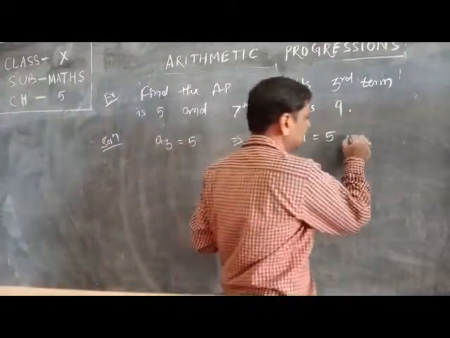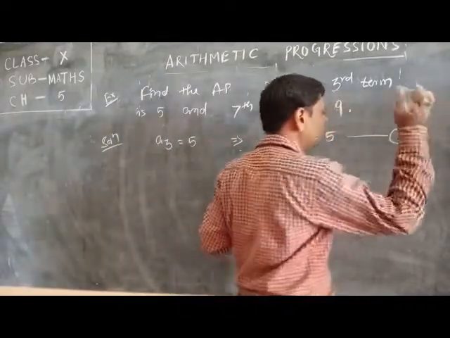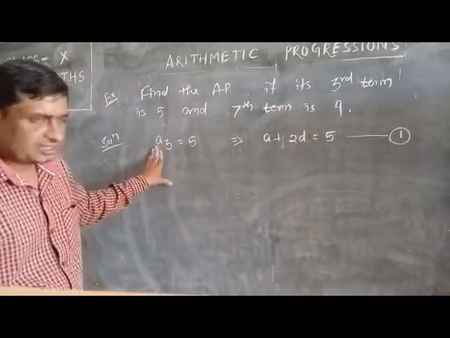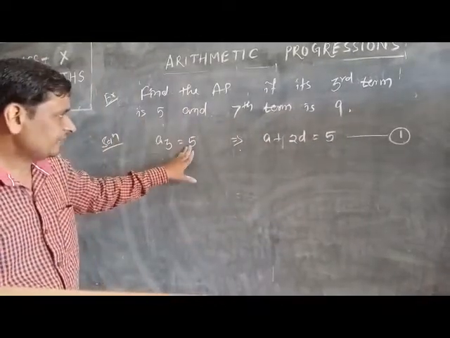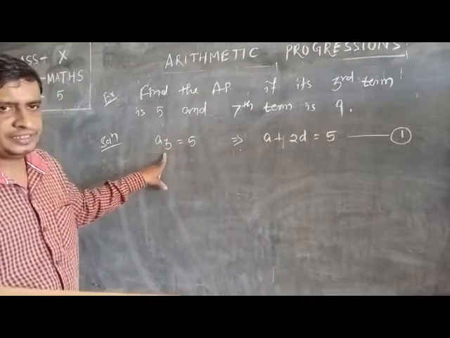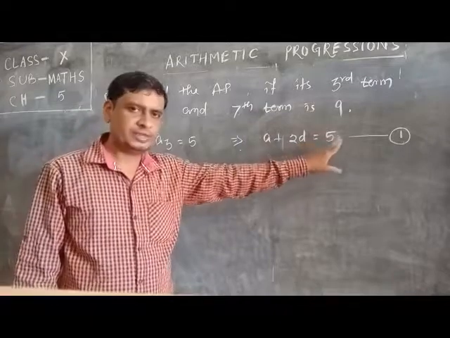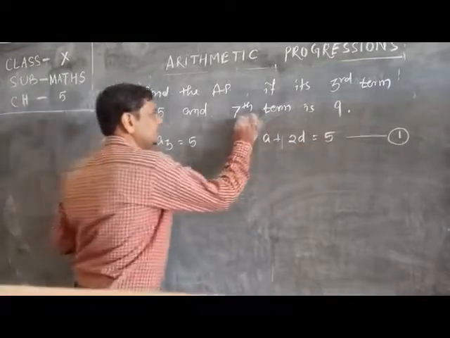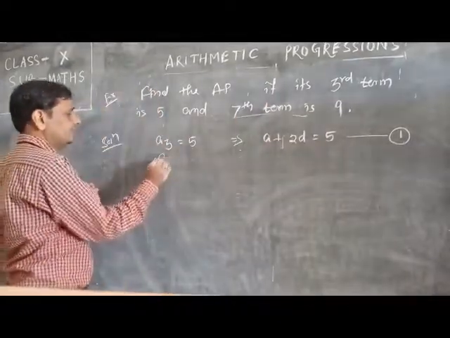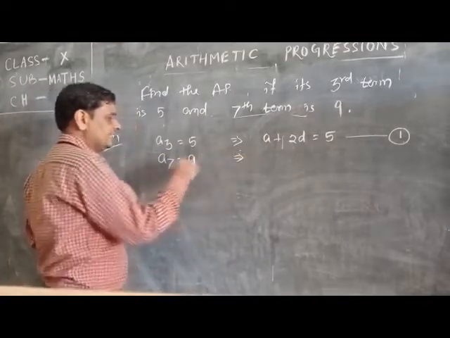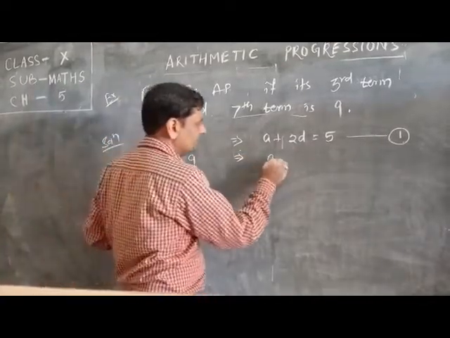Take this statement as equation 1. Third term is given 5 means A3 is 5 and A3 can be written as A plus 2D. This A plus 2D equal to 5. Similarly, seventh term is 9. A7 is 9. A7 can be written as A plus 6D.